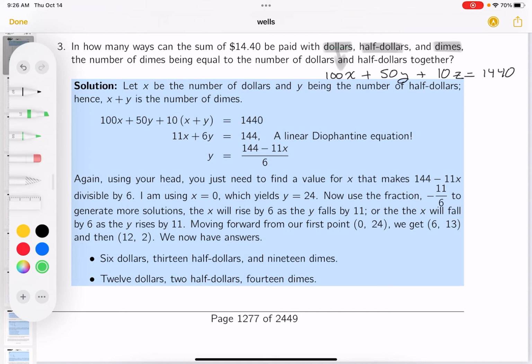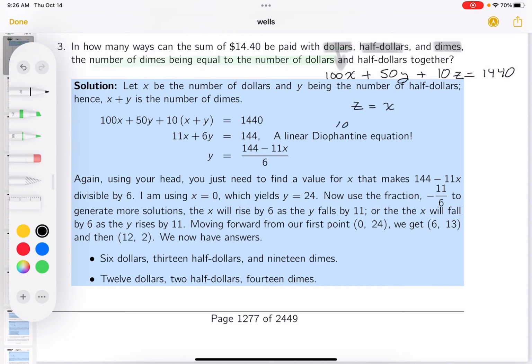It says the number of dimes being equal to the number of dollars. Well, maybe I didn't write this stuff down, but maybe you understand what I'm doing over here. So the number of dimes is equal to the number of dollars. Now remember we said X is the number of dollars and Z is the number of dimes. Well, I can rewrite this equation now. What do I get?